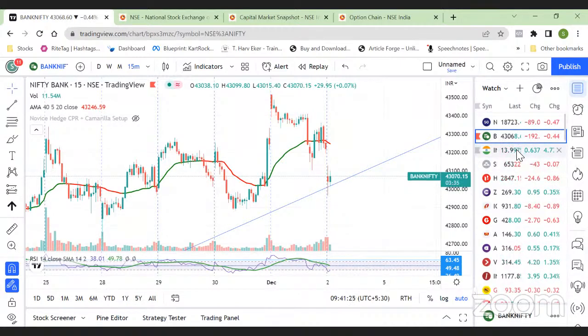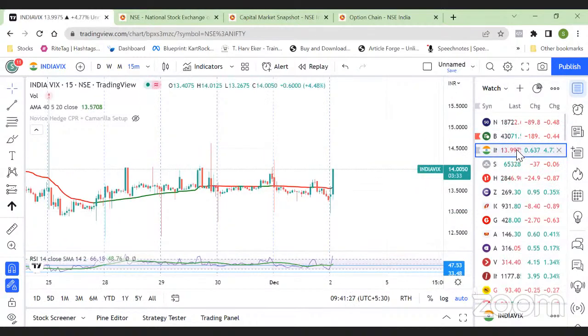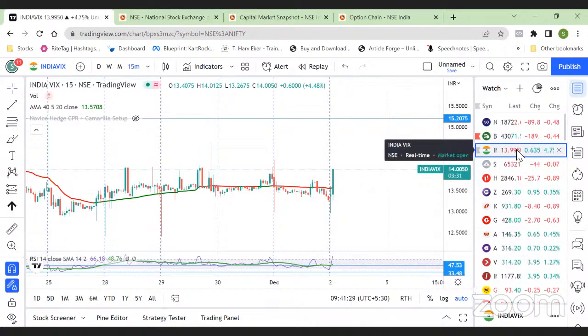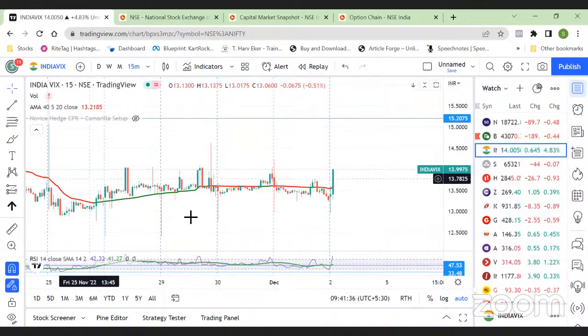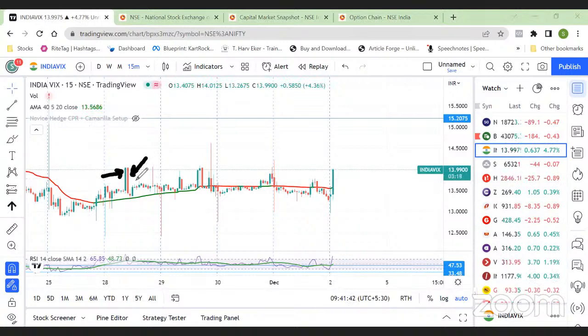But one great thing which has happened after a long time is VIX has started moving up, and you need to see that this has to sustain. The problem is, look at this, every time VIX goes up, the very next bar it comes down also. That shouldn't happen. If that happens, again the bulls are getting control.